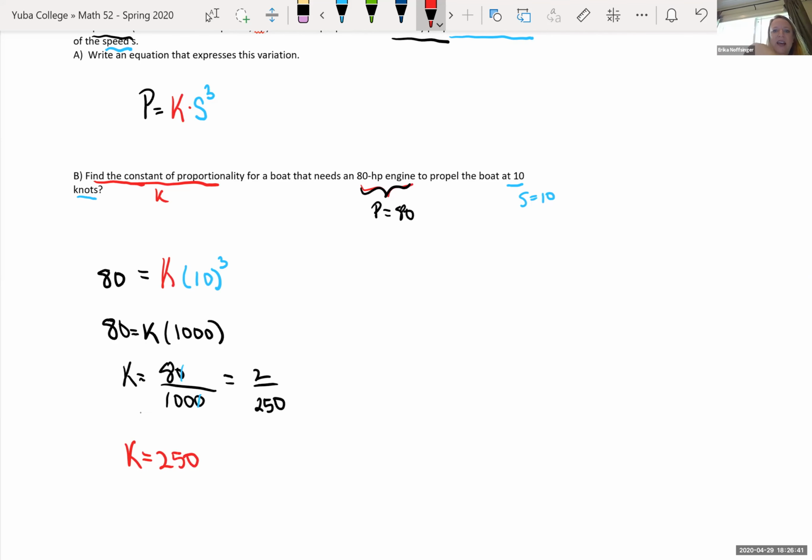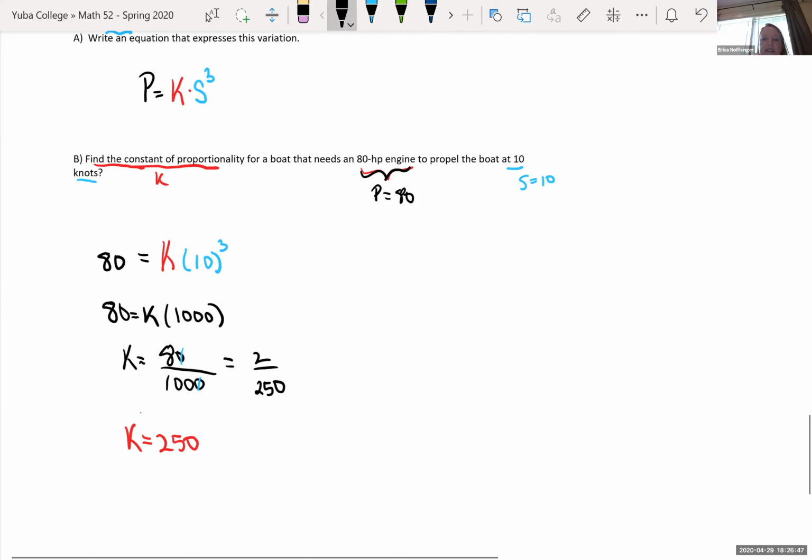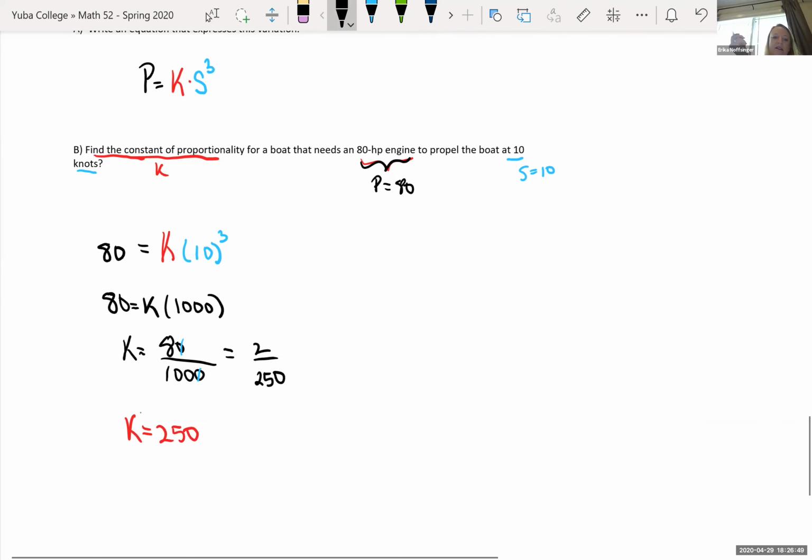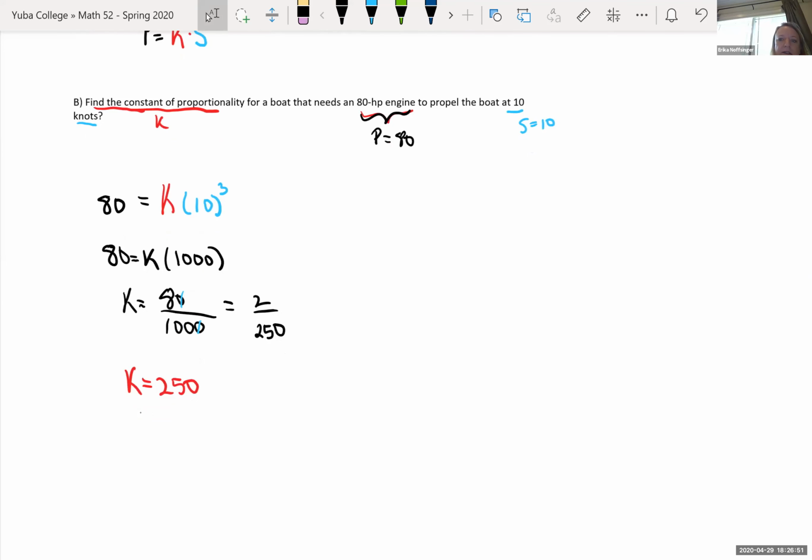So basically now I have the equation for a boat that has 80 horsepower and 10 knots. So P is equal to 250 times our speed, s cubed.